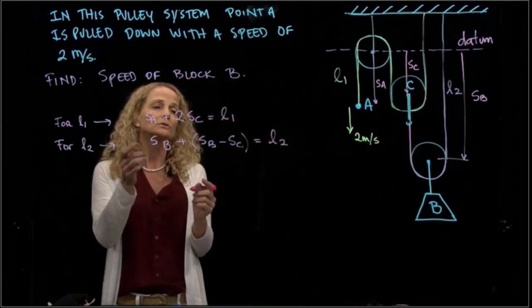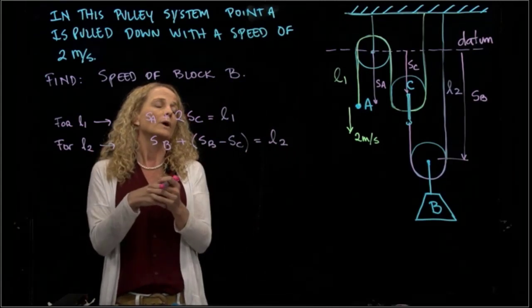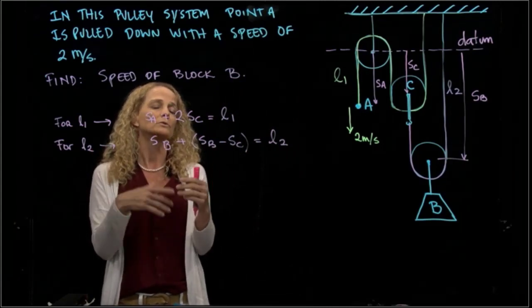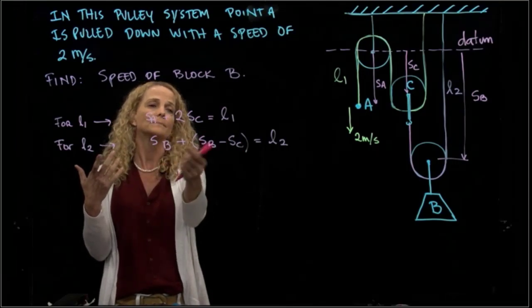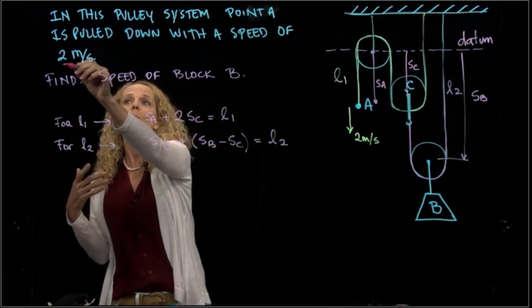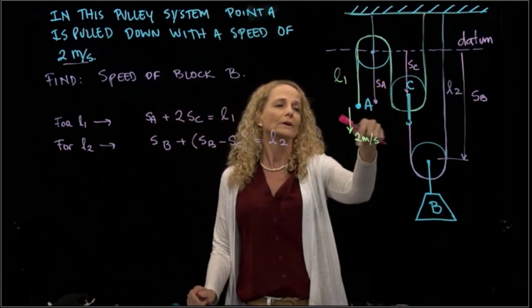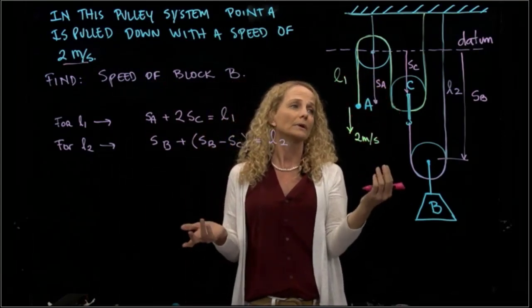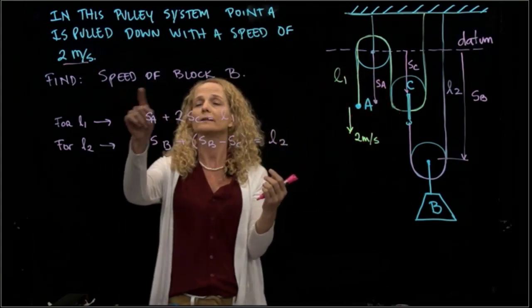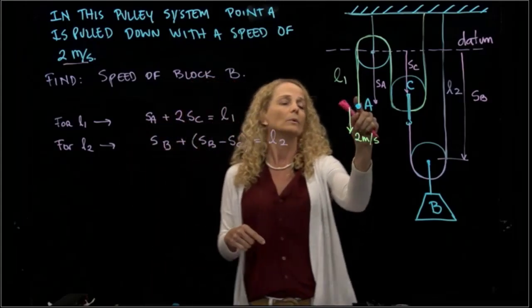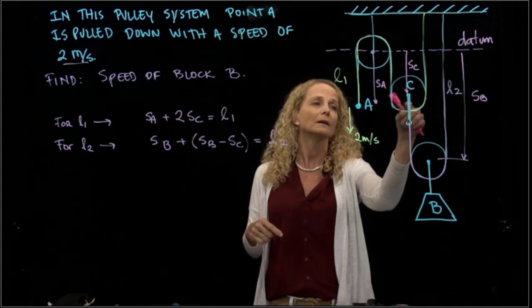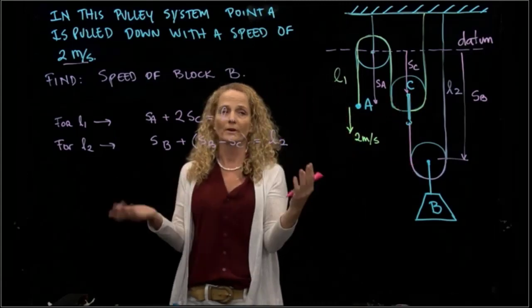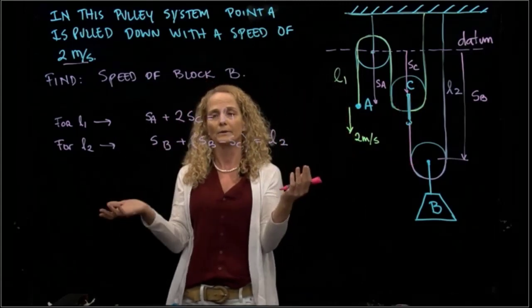Before I derive this equation, as you see, you have too many unknowns because you have L1, L2, and SA, SB, and SC, and you have only one velocity. So you have to get rid of one of them. Since you want to find the speed of block B, then we will relate block A with block B, and we will get rid of block C, since nobody's asking us to find that speed. We could find it later.